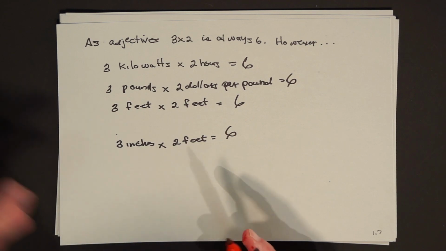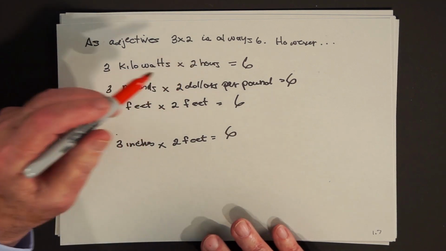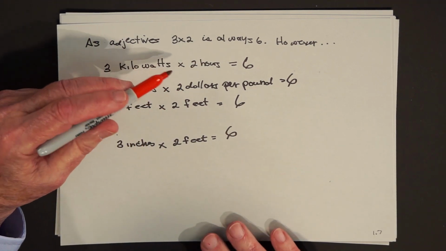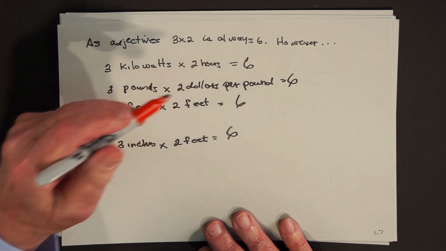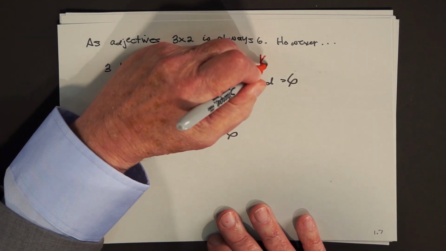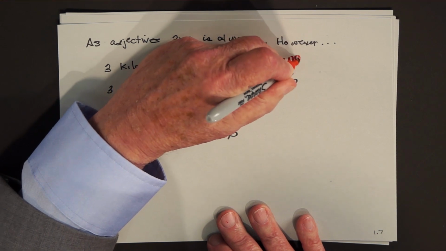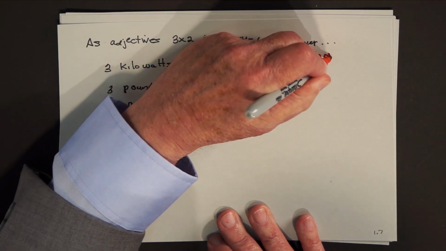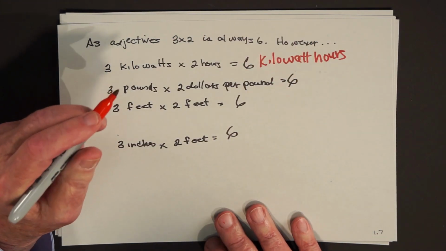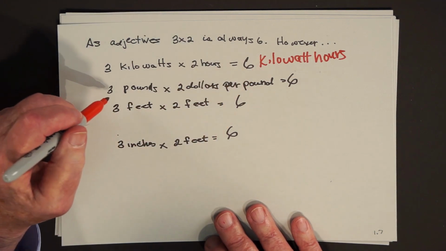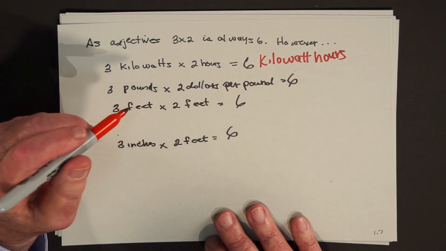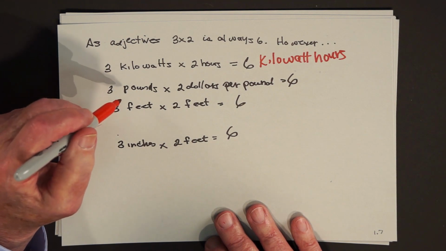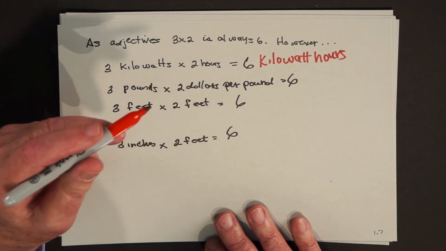And let's see what we get here. We also have to multiply the nouns. And maybe you've seen this on your electric bill. The 3 times 2 gives you 6, and the kilowatts times hours give you kilowatt hours. Still the 6 here. 3 pounds times $2 per pound, that would be 6 pounds-dollars per pound.